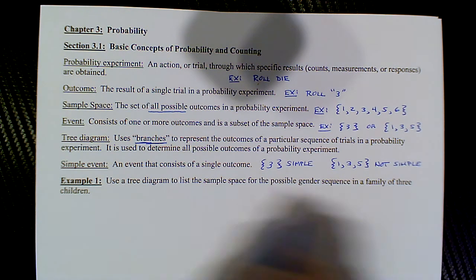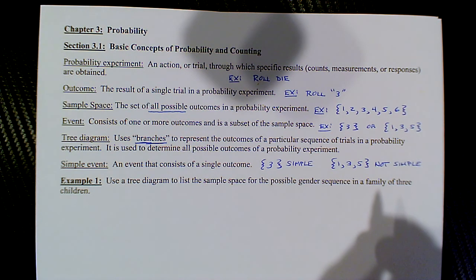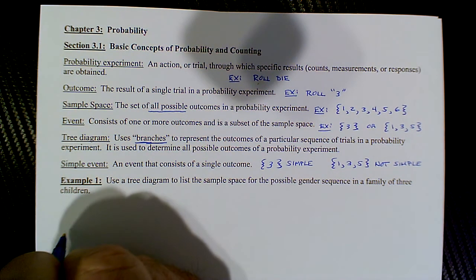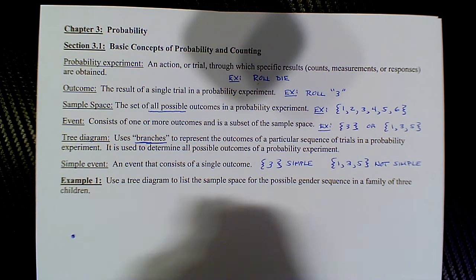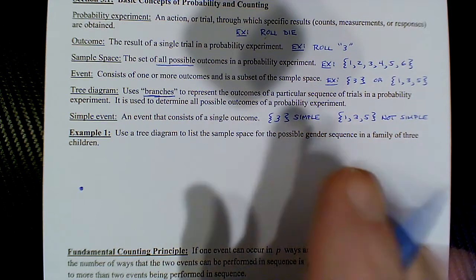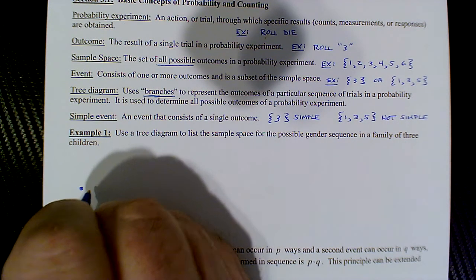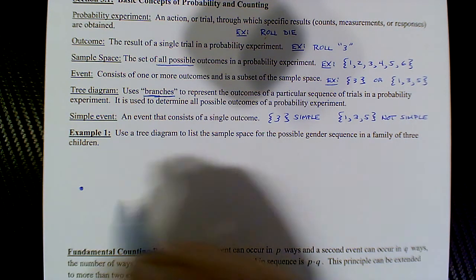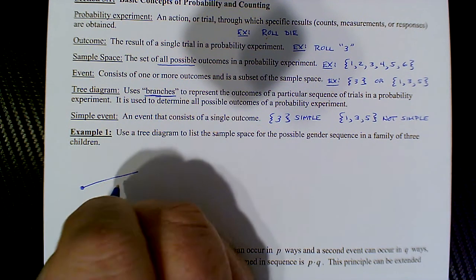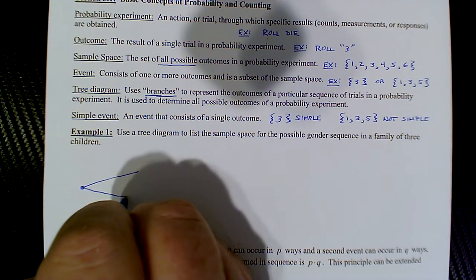But here we want to use a tree diagram to list the sample space for the possible gender sequence in a family of 3 children. Okay, so we're going to use, let's say a dot as the trunk of the tree, for example. And the first time that we perform this experiment, a couple has a child. It could either be a boy or a girl.